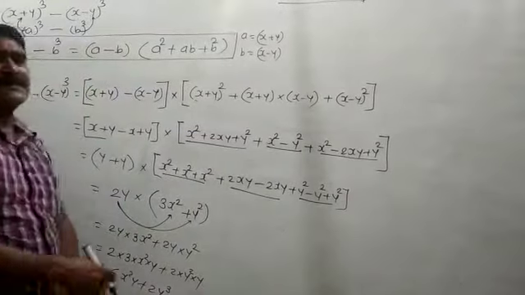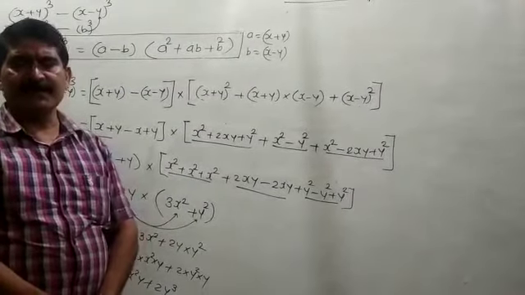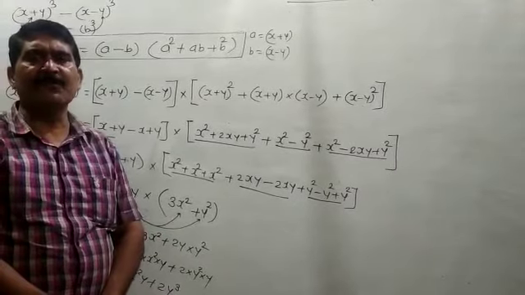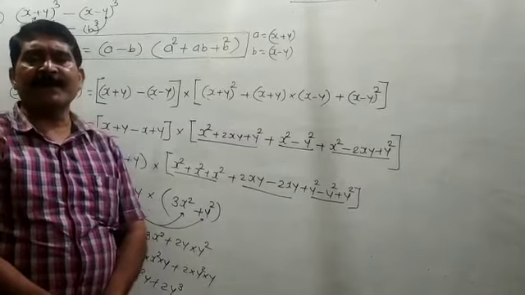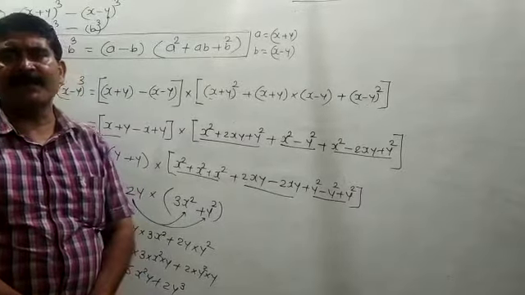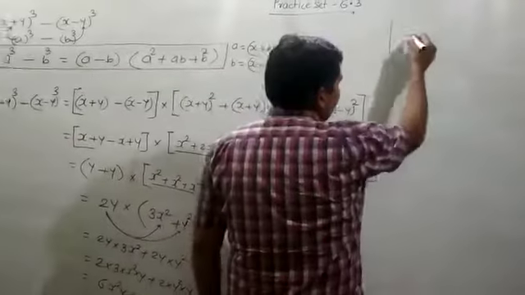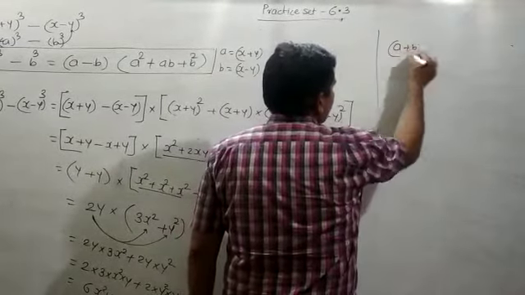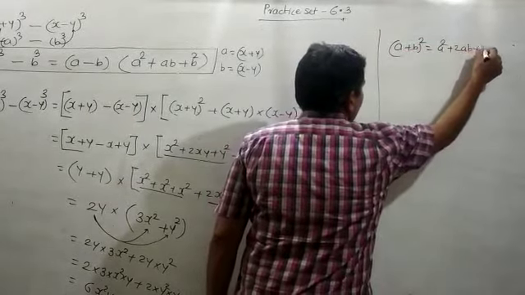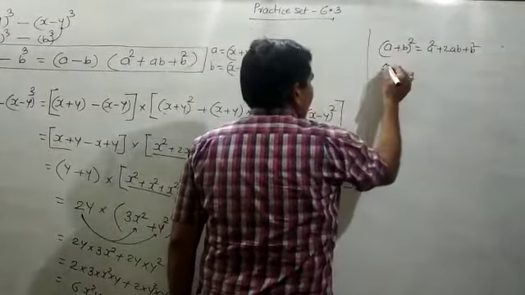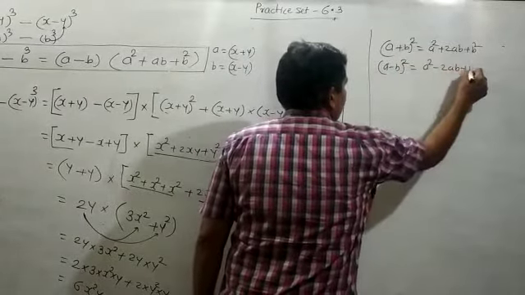Then you know the basic identities. (a plus b) square is equal to a square plus 2ab plus b square. (a minus b) square is equal to a square minus 2ab plus b square.